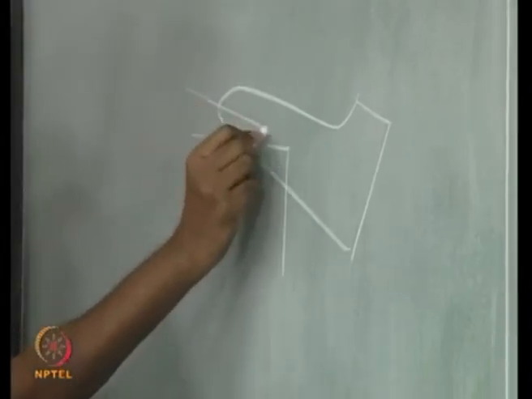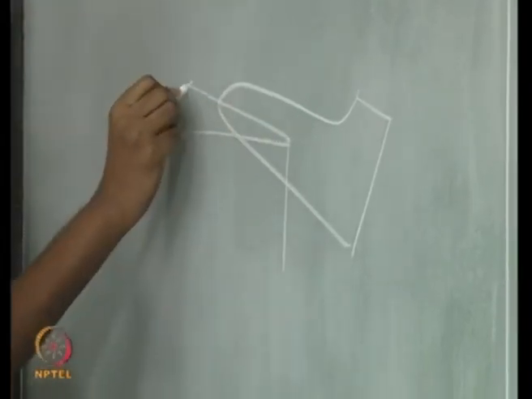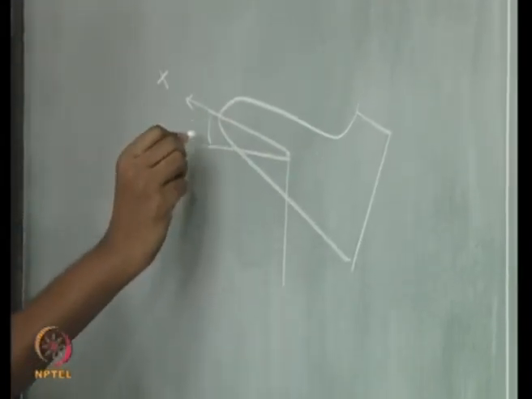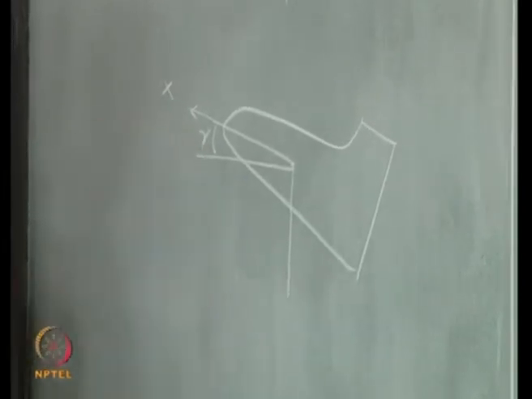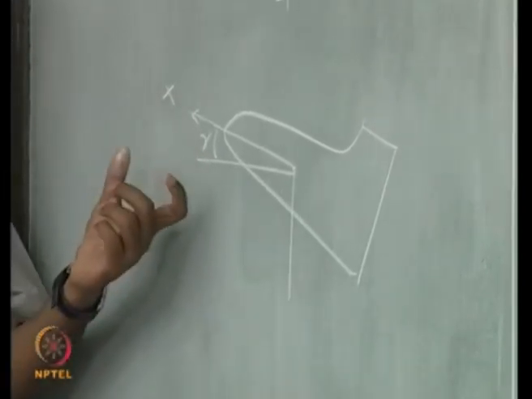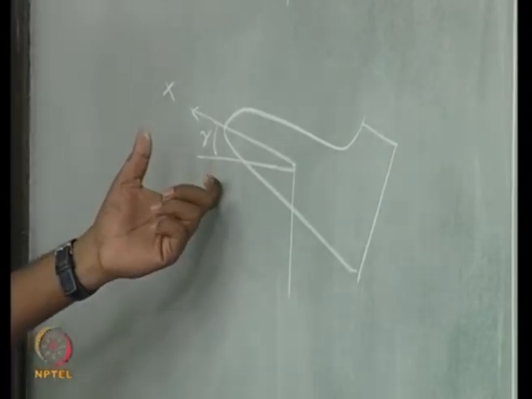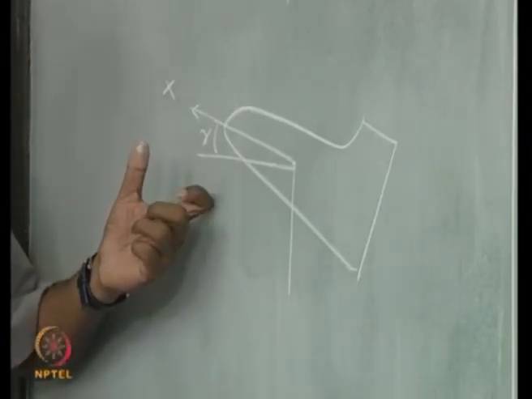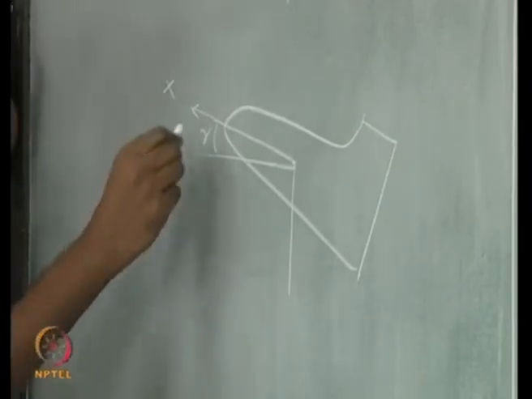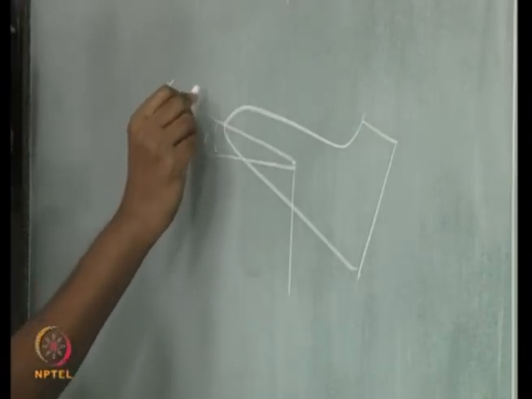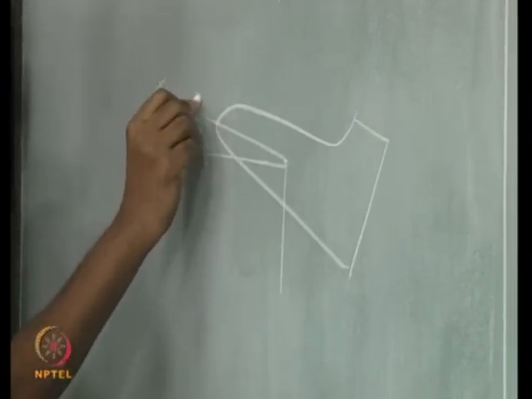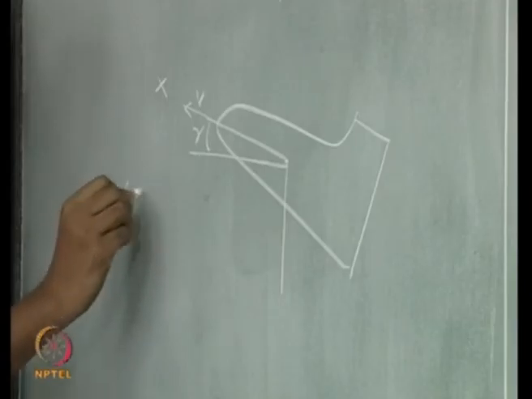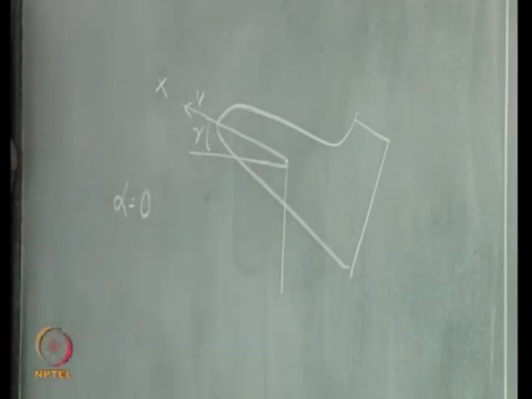let us say climbing flight, steady climb, right. So let us say this velocity is in this direction, so alpha is 0, okay.